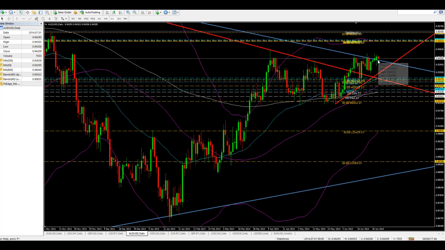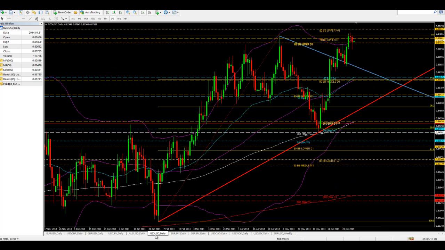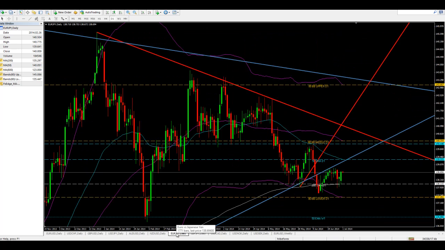We do have a trend line. It'll be interesting to see how the market responds to this trend line. If it bounces off of that trend line, it heads up. But it's currently in consolidation. It's clearly in consolidation, and we've got to look for consolidation going forward. Same thing on the New Zealand dollar. We're going to look for consolidation. That means that we buy the lows and sell the highs of price in that territory. I don't have a tremendous amount to say there.